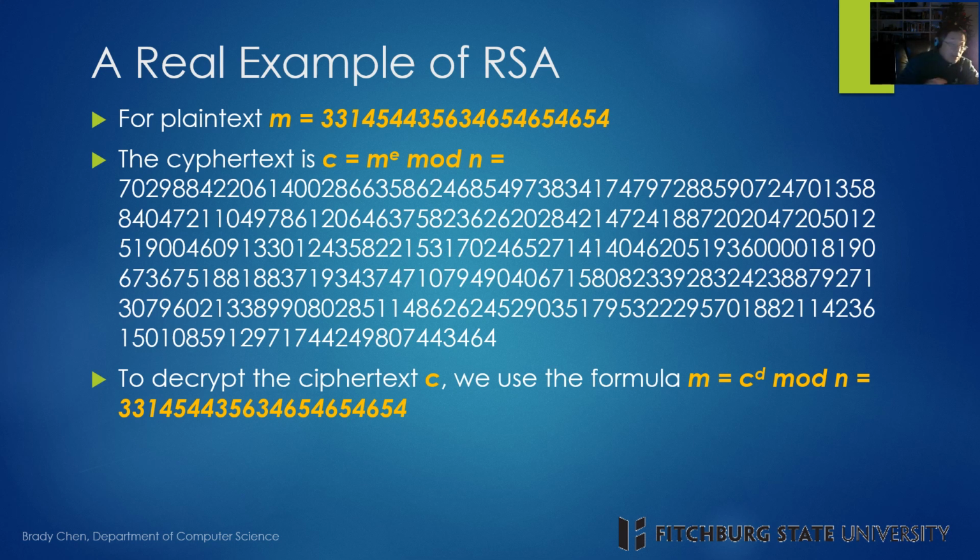Here's my plain text. Technically, you can pick a plain text which is much bigger than this number. How many digits does this number have? 1, 2, 3, and so on up to 21. So it's 21 decimal digits.